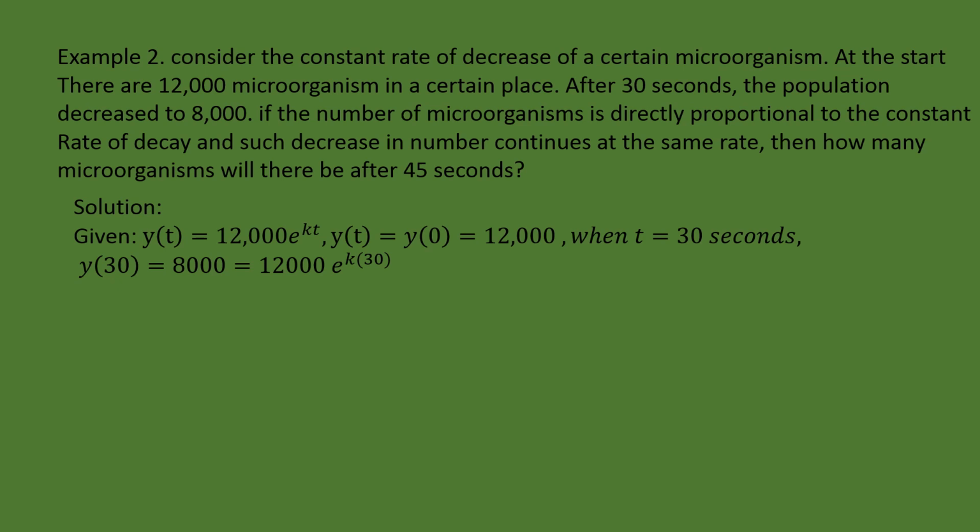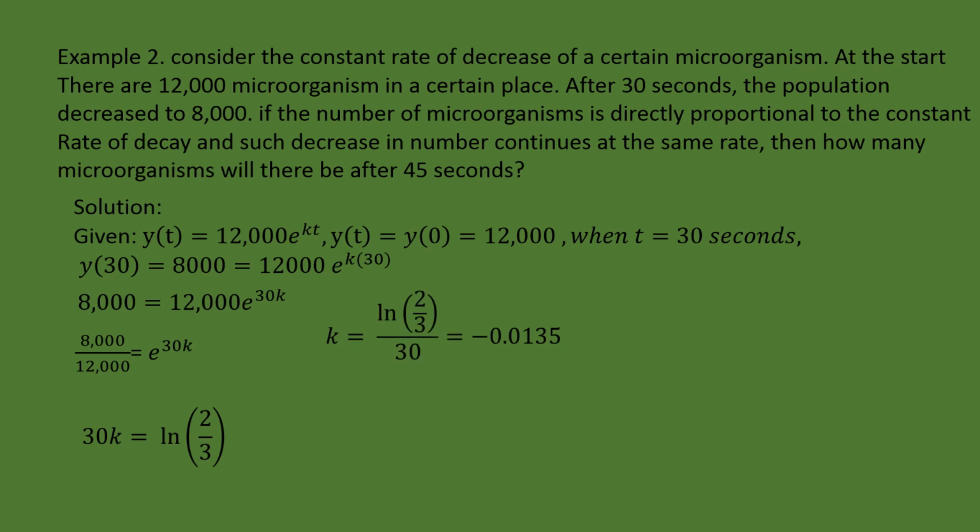So we have 8,000 is equal to 12,000 times e raised to the power of k times 30. Dividing both sides by 12,000, we have e raised to the power of 30k is equal to 8,000 over 12,000. Then simplifying and using the properties of logarithm, we have 30k equals ln of 2 over 3. Then finding the value of k, we have negative 0.0135 as the value of our constant.